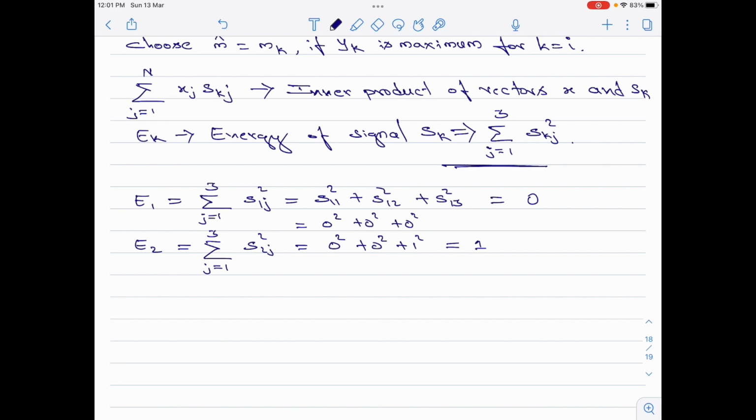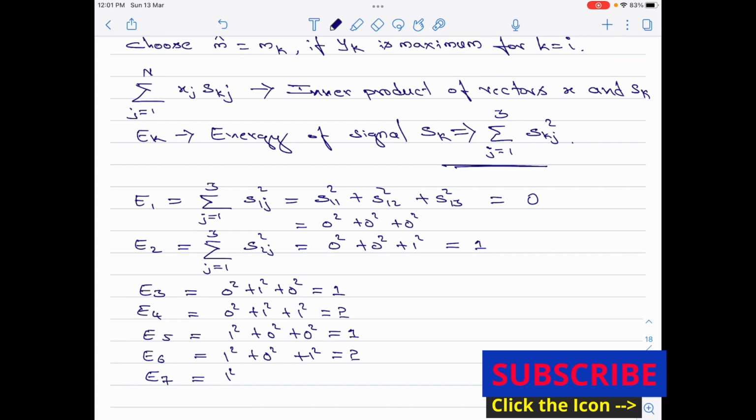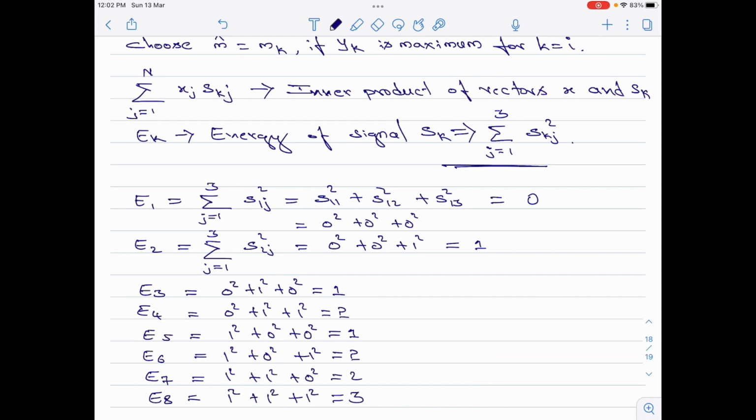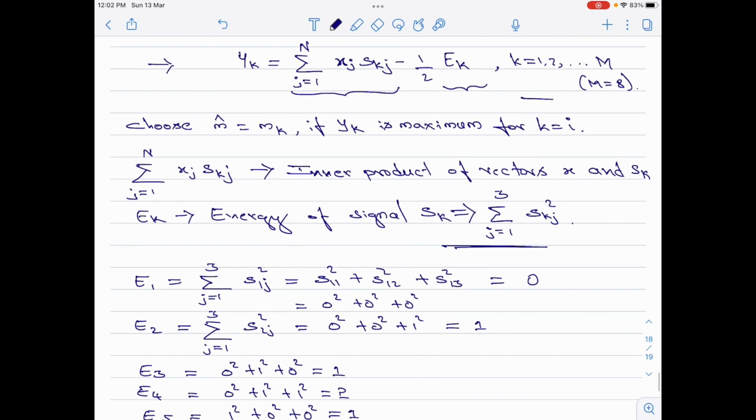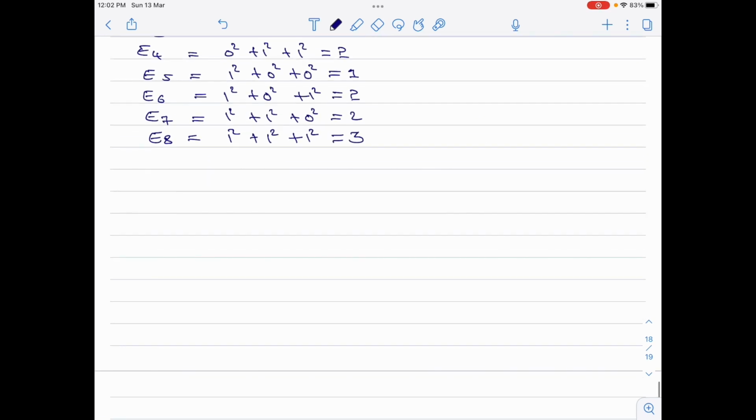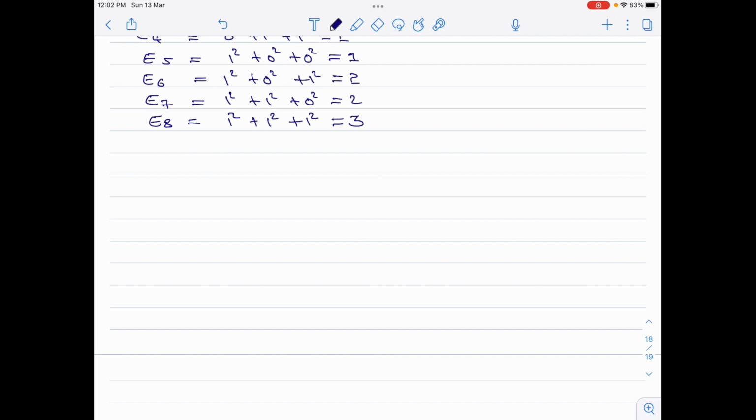In a similar fashion, we can find the values for the energy of the remaining signals. Right. So, these are the values for energy of each of the given signals. Let us now use the expression for Yk and compute the values for the same.